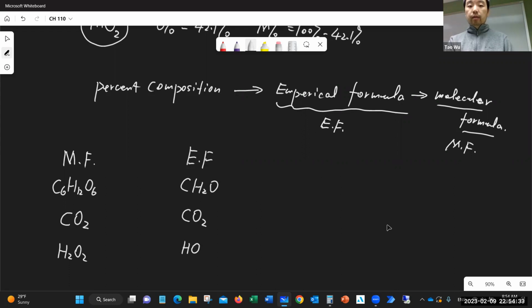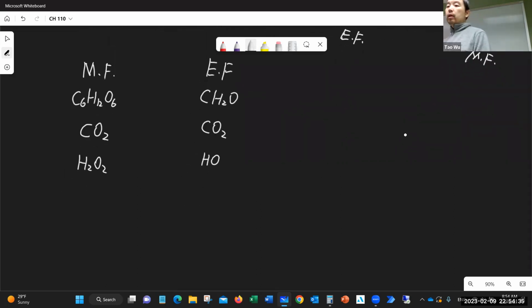Okay, so let's see some others. For N2O4, the empirical formula will be just NO2. All right, so I'm giving you the 4 examples.